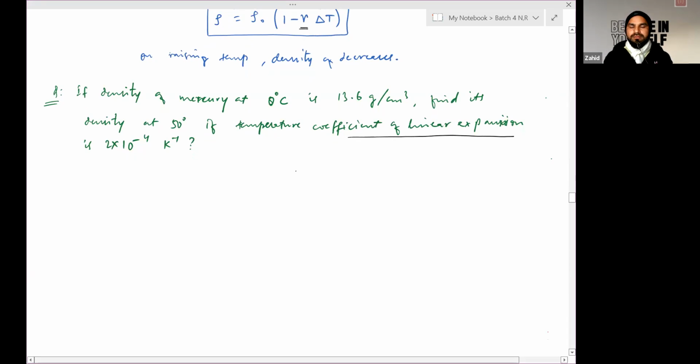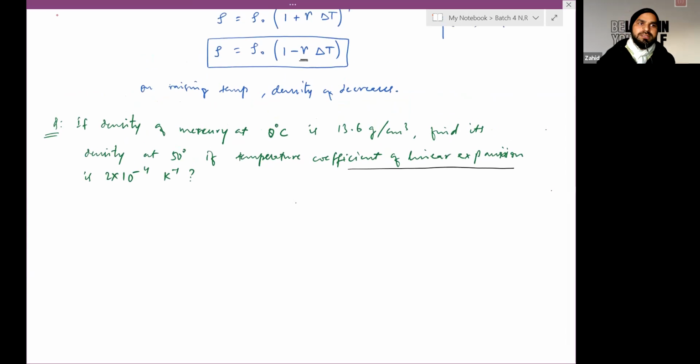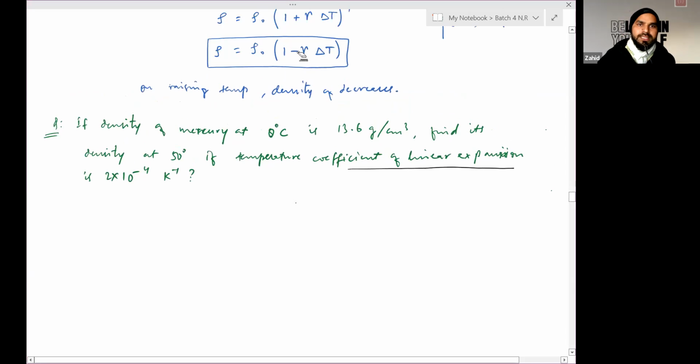Minashi, just check your calculation. We have to calculate final density. Raza, just see this particular formula. There is a negative sign, so you have to subtract.